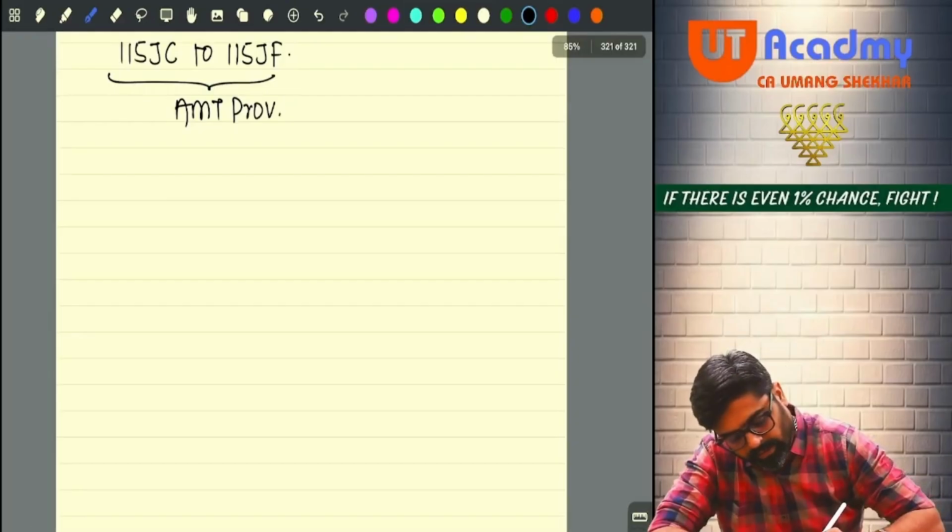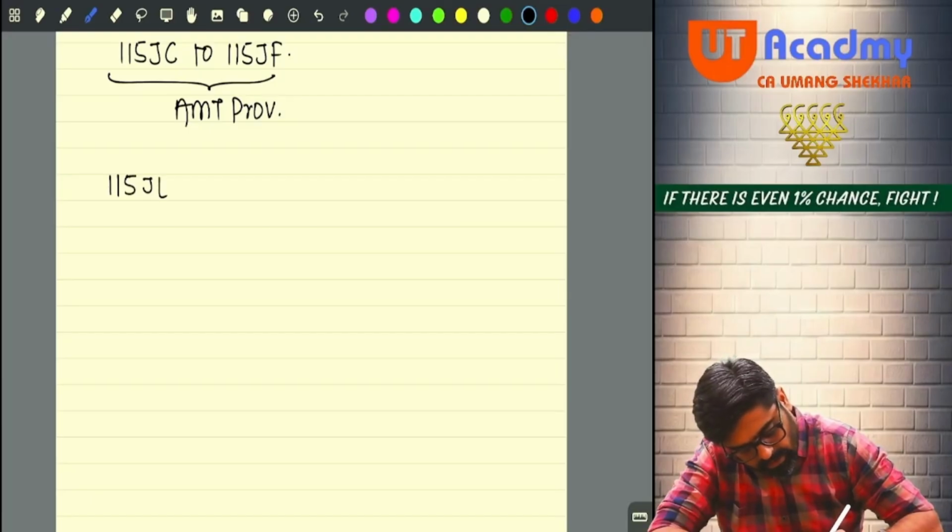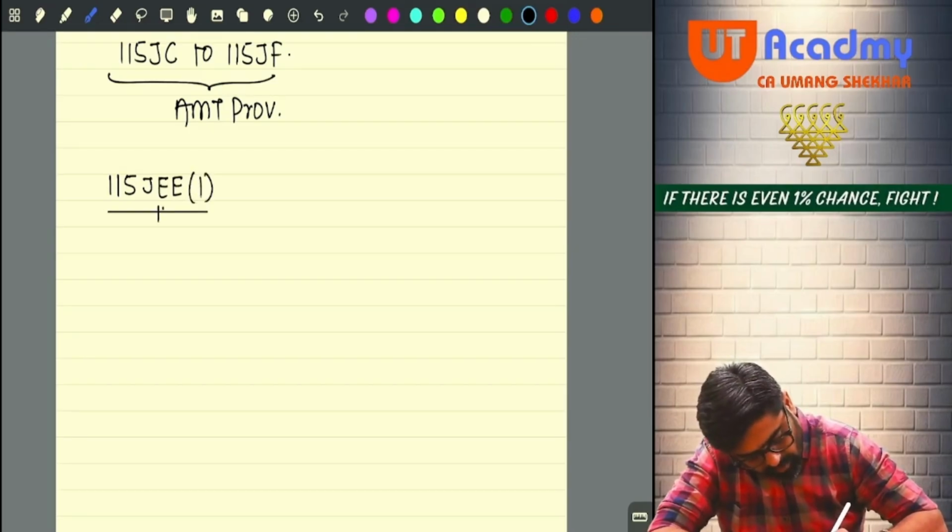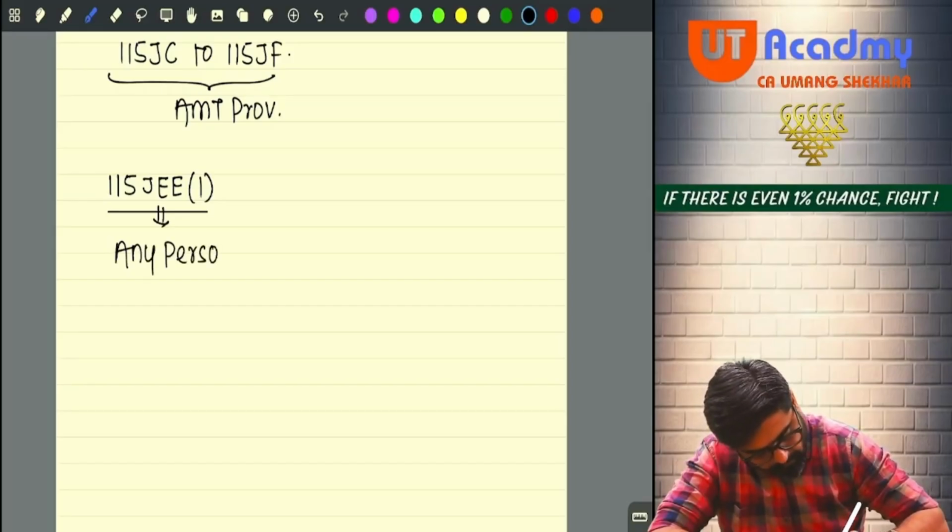See, there is one section, 115JEE subsection 1, which talks about any person but other than a company.